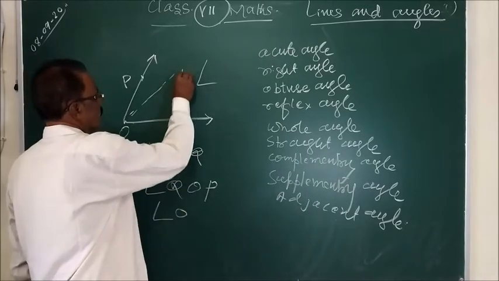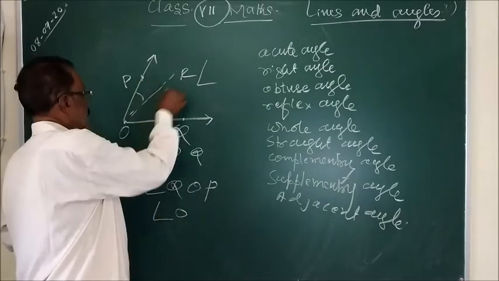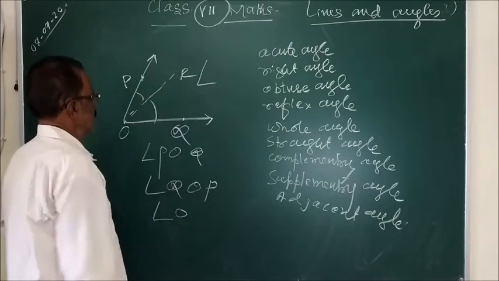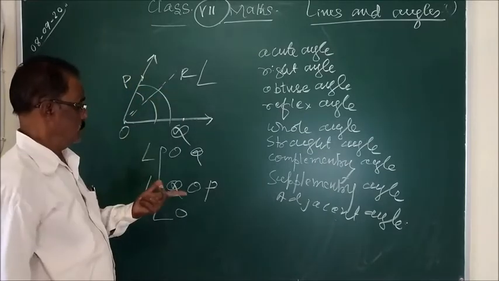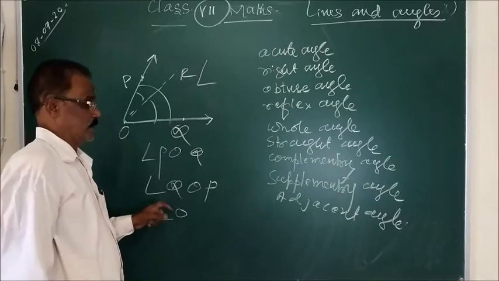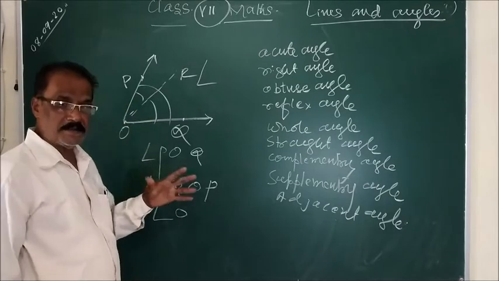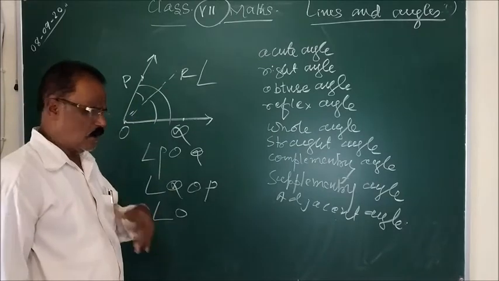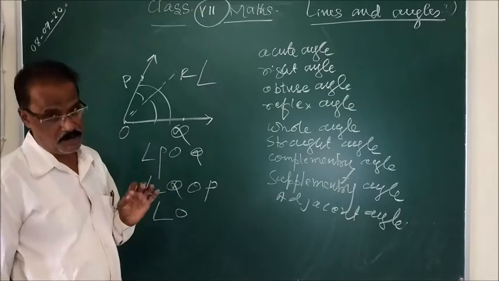If we name them, angle POR is one angle, angle ROQ is the second angle, and one angle is the whole angle, angle POQ. So you will remember this notation. The short form to represent an angle is right only if one angle is formed at that point.